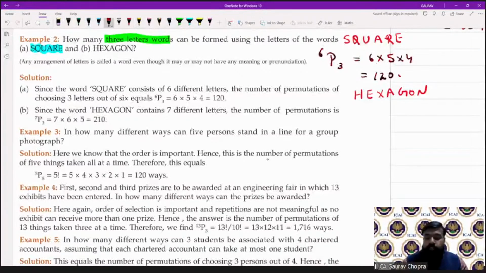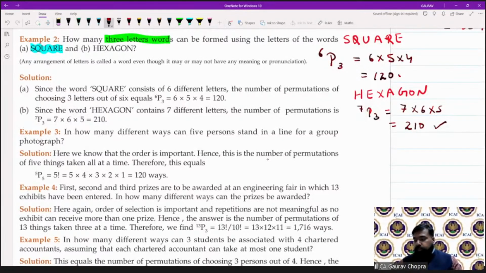Therefore, the formula will be 7p3. We can solve it as 7 multiply 6 multiply 5. It becomes 210. So 210 words can be formed using 3 alphabets from HEXAGON. All right, this was example number 2.